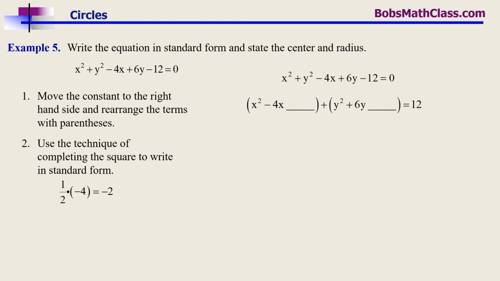And then we square it. That gives us 4. So that's the number that we're going to add to complete the square. But don't forget, whenever you add to one side, you have to add to the other side. So plus 4 on the left, plus 4 on the right.